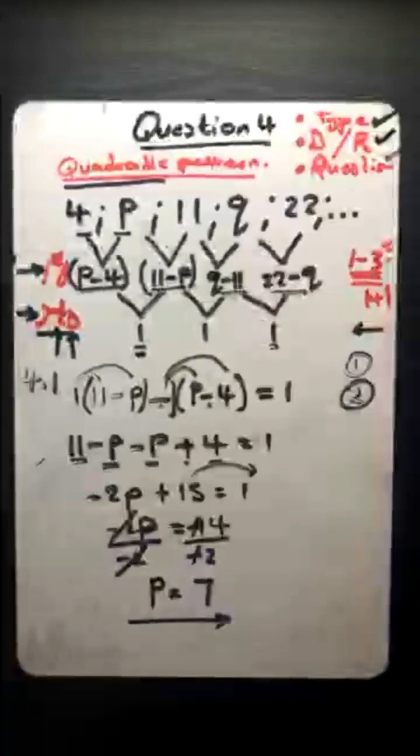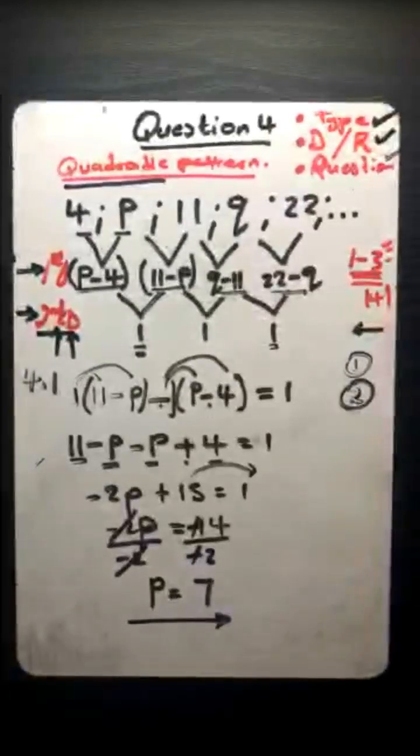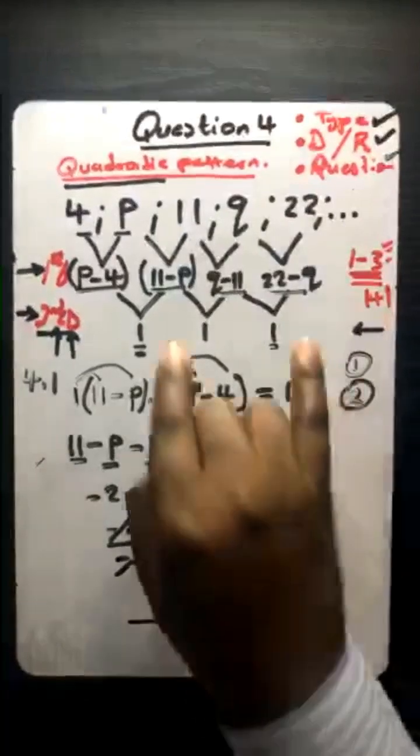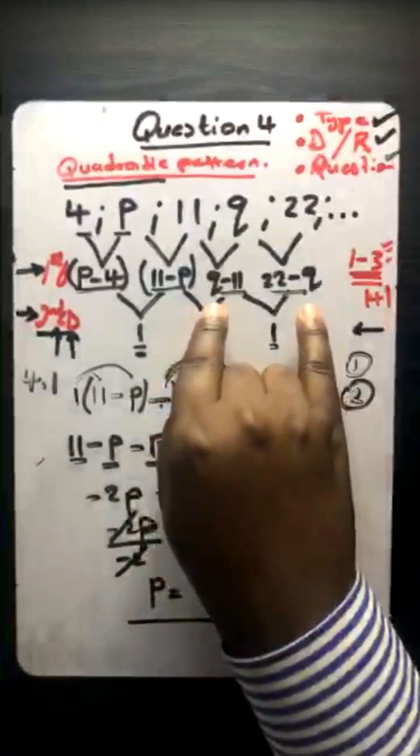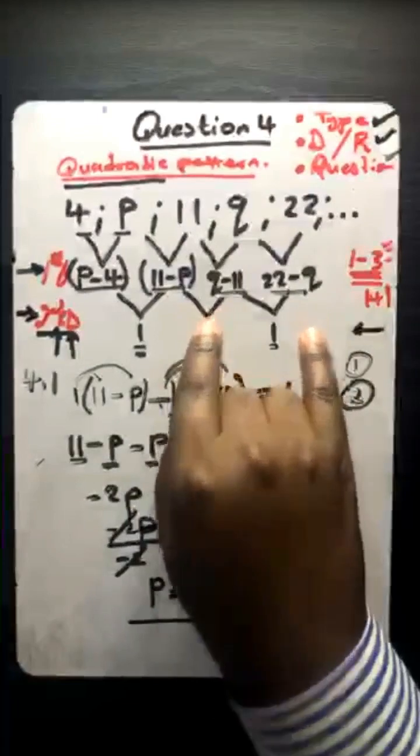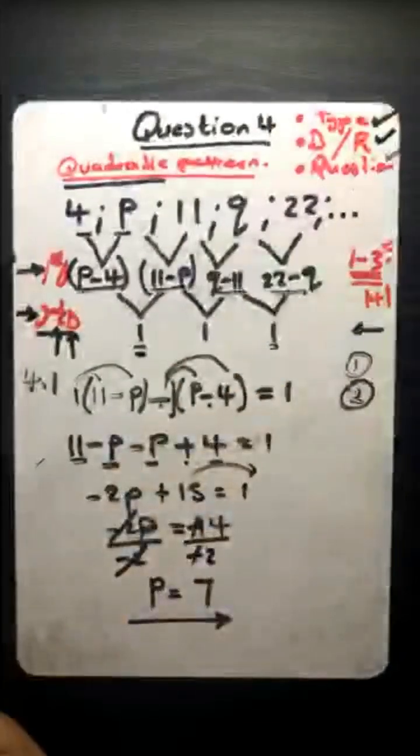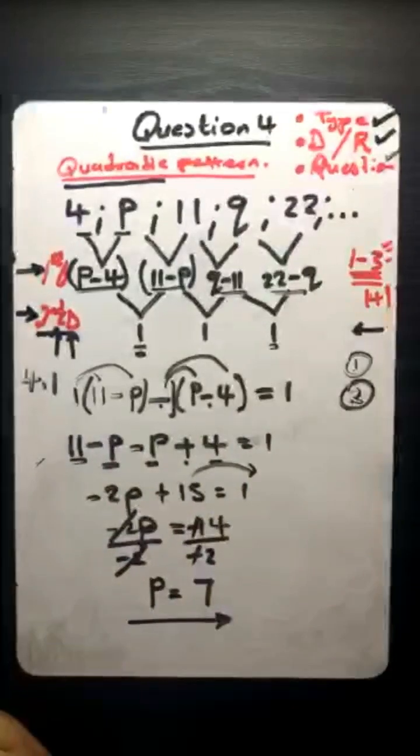But for now, quickly, I'm going to give you just 1 minute to try and work out that Q value. And then once you are done, just say you are done. Then I'll be aware someone has worked it out and they are done.